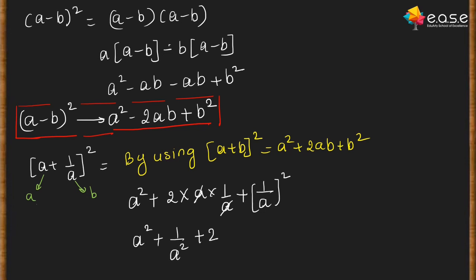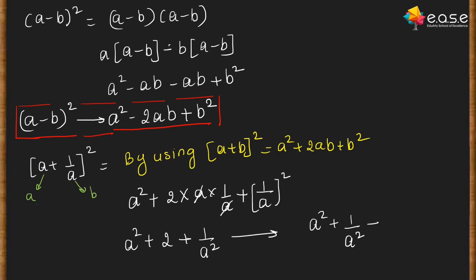Or to be very precise, you write down the order of what is left: a square plus 2 plus 1/a square. To write it properly formatted, you can write a square plus 1/a square plus 2. Correct? So they have told you to remember this as a formula, but it's really not required. You can use the basic concepts and you can get it.